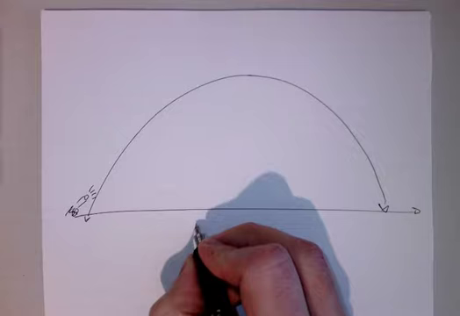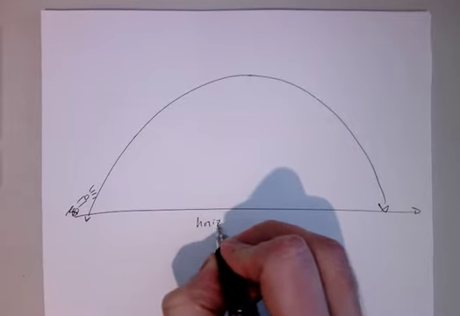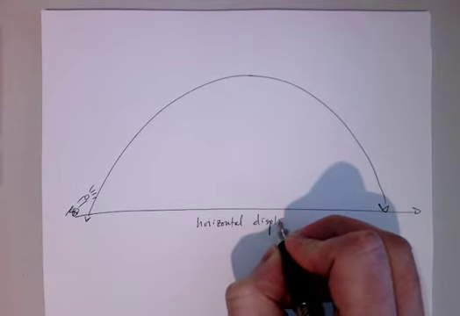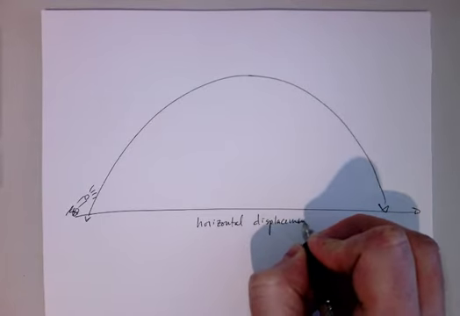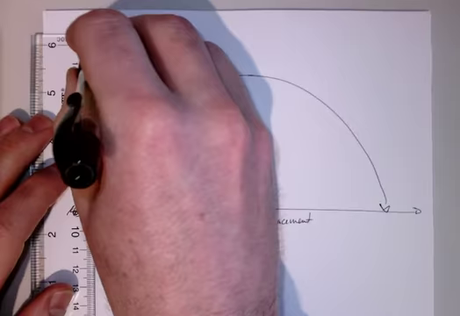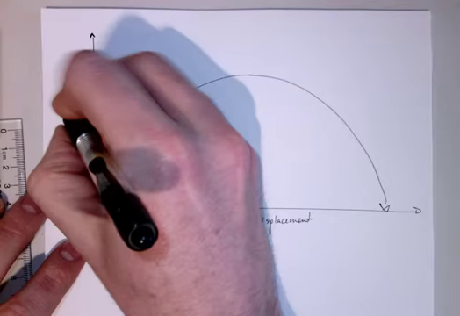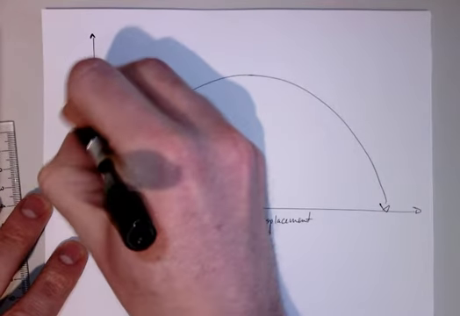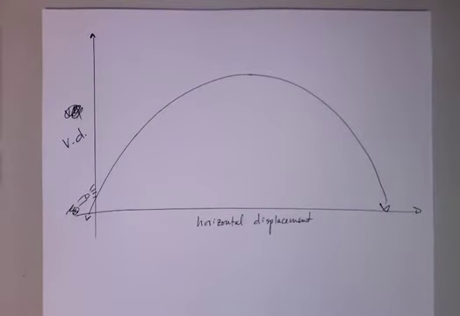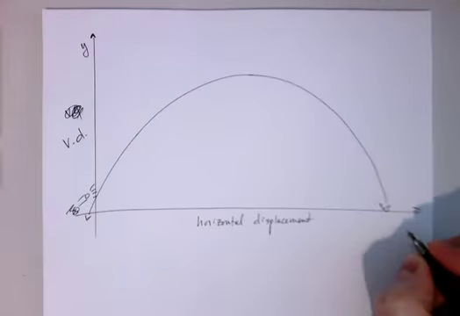This is actually your horizontal displacement, horizontal distance, whatever. And then, of course, your vertical axis is still your height, your vertical displacement. We'll abbreviate it like that. And we'll call this y, and we'll call this x.